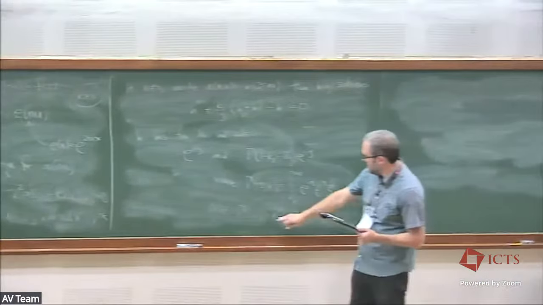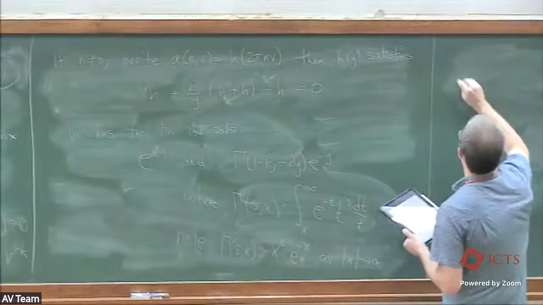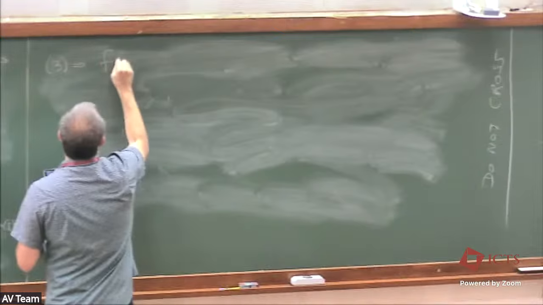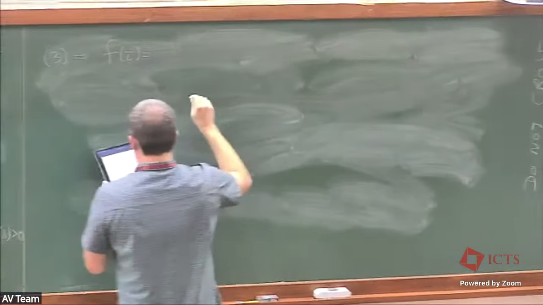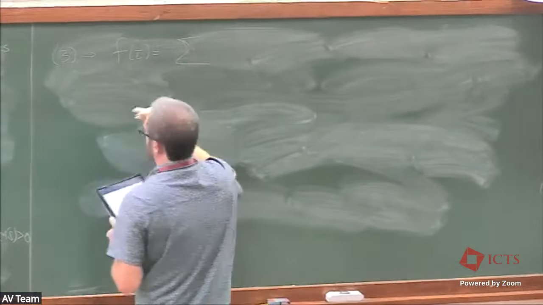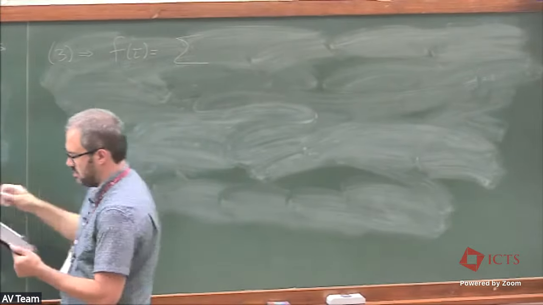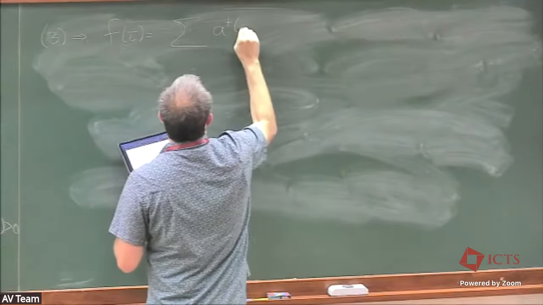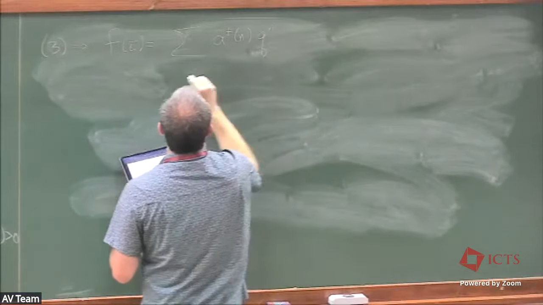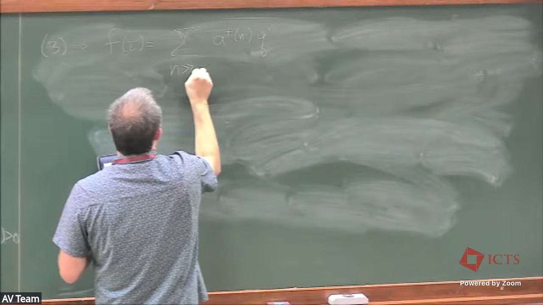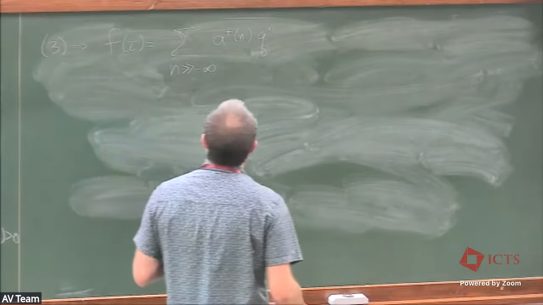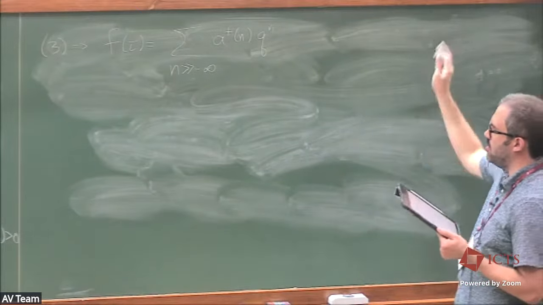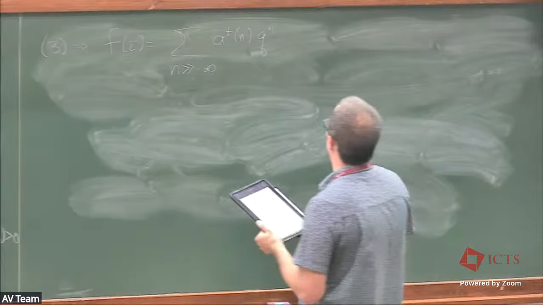Okay, so if we take this asymptotic and plug it into 3, what we get is that f of tau has to look like this. It has the part that uses e to the minus y, so let's call this a plus of n, q to the n. And all of the n's can't go all the way to negative infinity. They have to start at some negative number, and then they can go all the way to positive infinity.